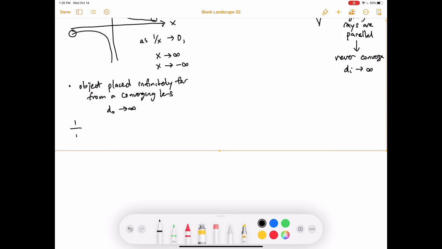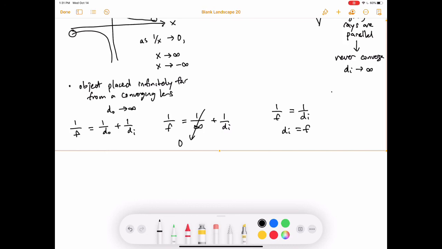So if we have 1 over f equaling 1 over DO plus 1 over DI, we have 1 over f equals 1 over infinity plus 1 over DI. 1 over infinity goes to 0. 1 over f equals 1 over DI, which means DI is equal to f.